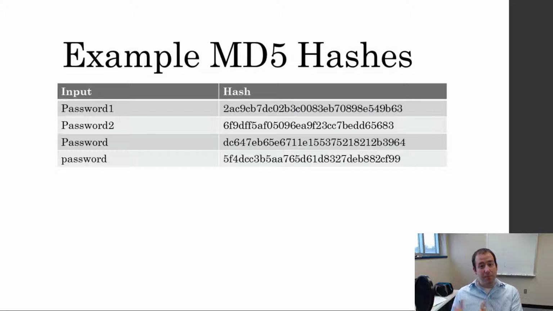They're the same length, but the hash for password 1 looks nothing like the hash for password 2. And the hash for capitalized password looks nothing like the hash for lowercase password. And if I typed the entire contents of Moby Dick, put it in and hashed that, I would get an equal length hash on the outside that would, again, look nothing like the hash for password 1 or password 2 or password. So that's what hashes look like.